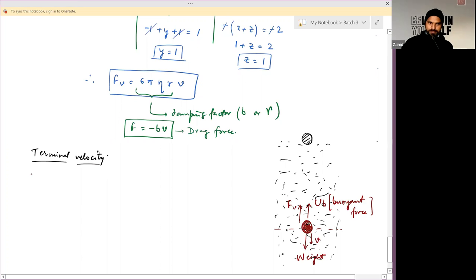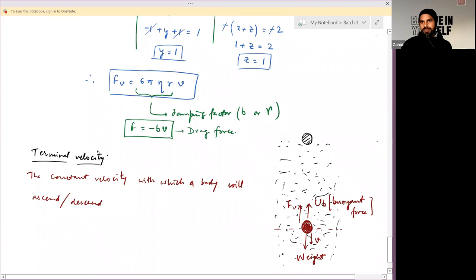So terminal velocity is the constant velocity with which a body will ascend or descend.